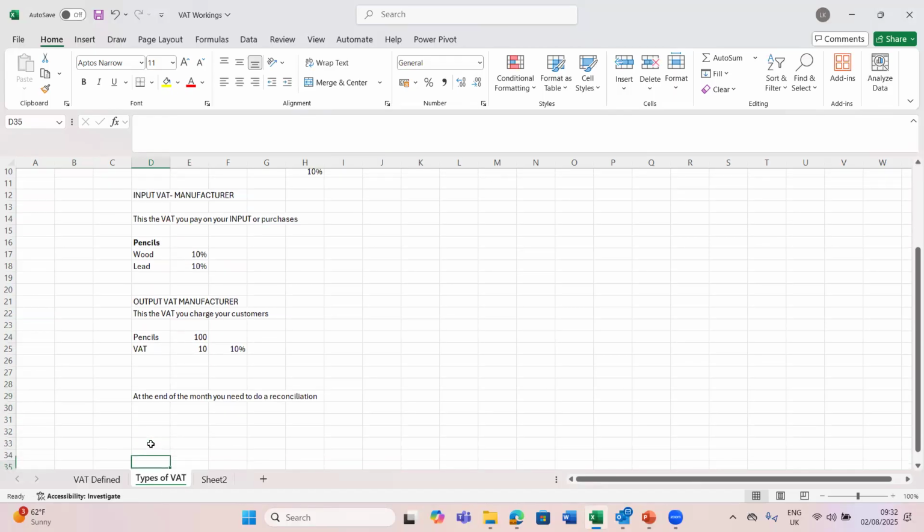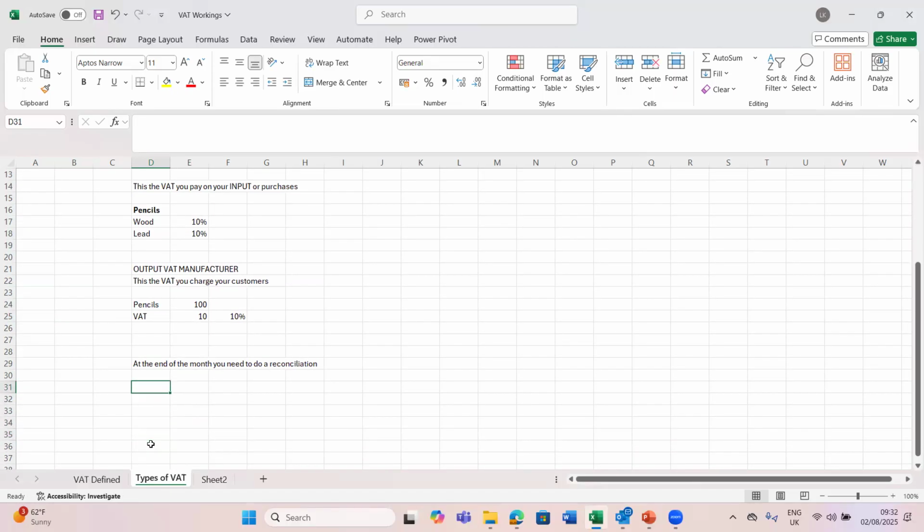The reconciliation is you need to know, let's say you have input VAT of 20,000 and output VAT of say 25,000.